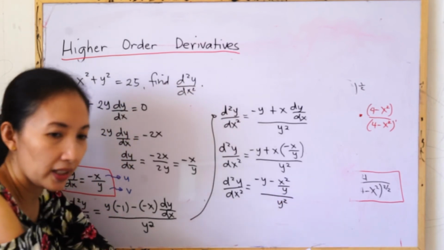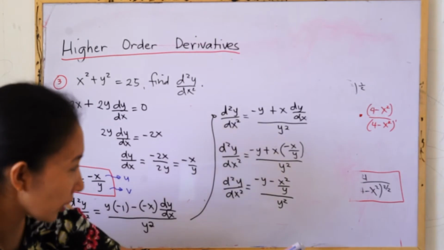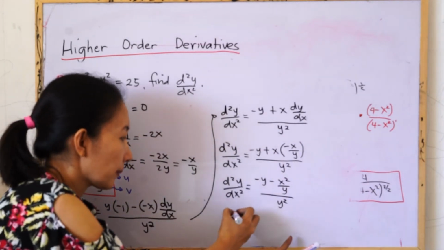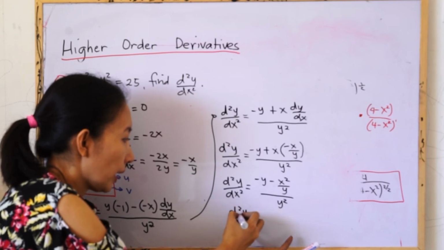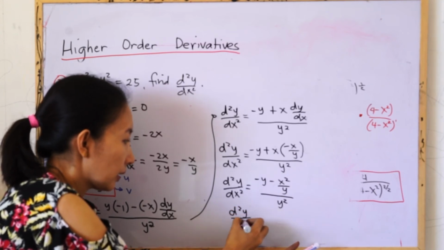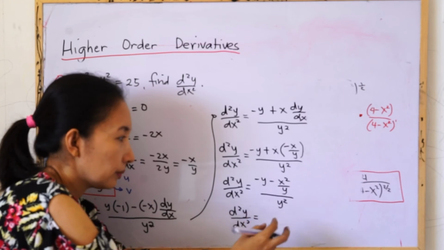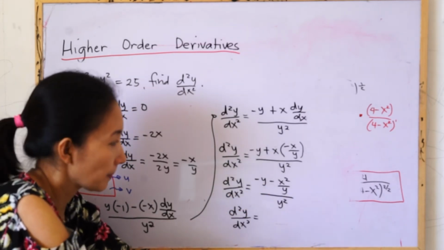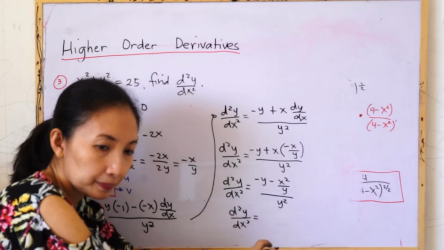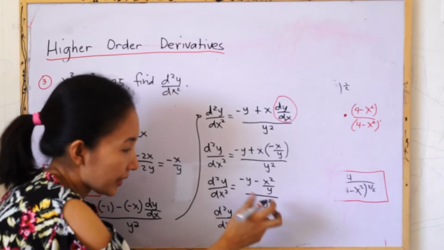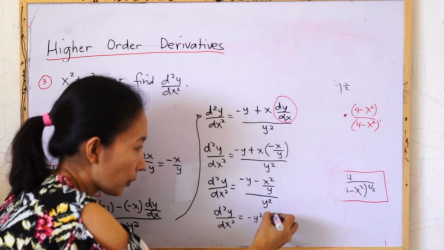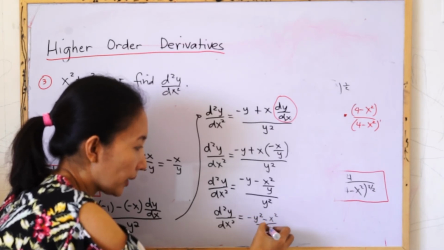Take note that we ended up with a compound fraction, so let's simplify further. d squared y over dx squared equals, what will this be? This is negative y squared minus x squared all over y.